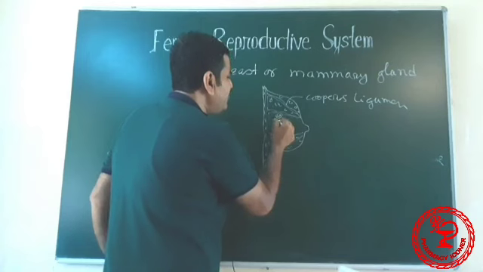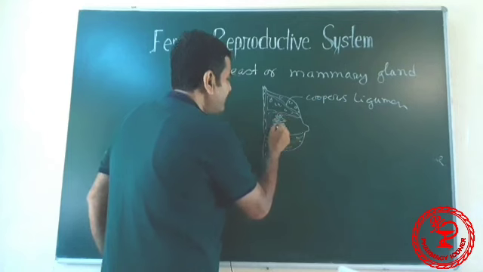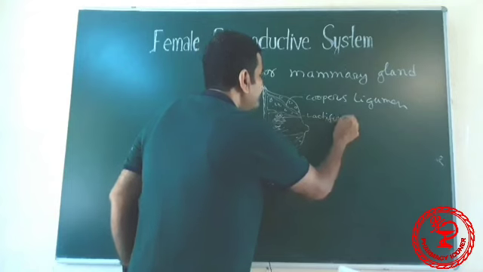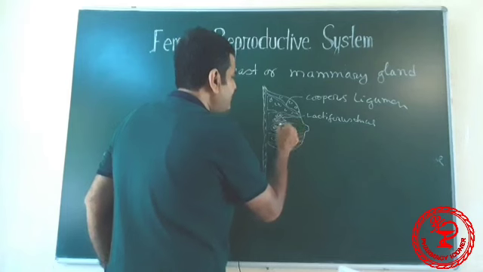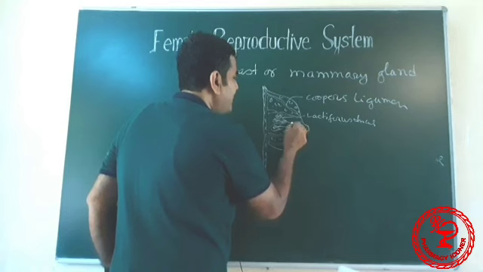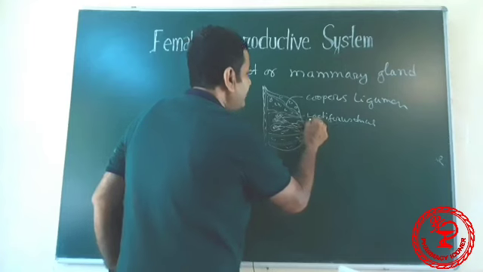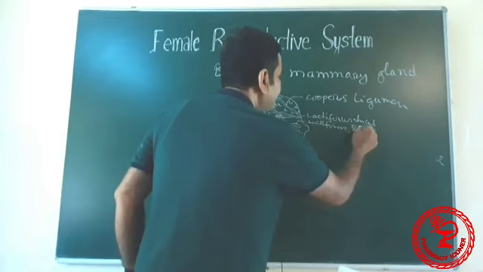Inside each lobule there are ducts coming out. These are called lactiferous ducts. The lactiferous ducts come out and sometimes converge, join together, and at the end there is an inflated portion called the lactiferous sinus.